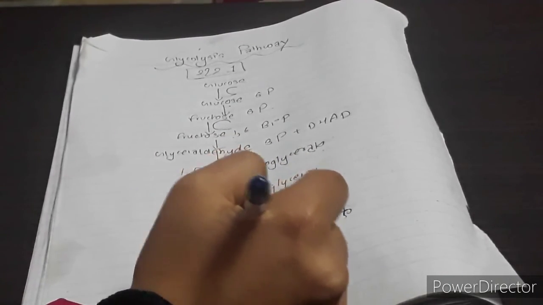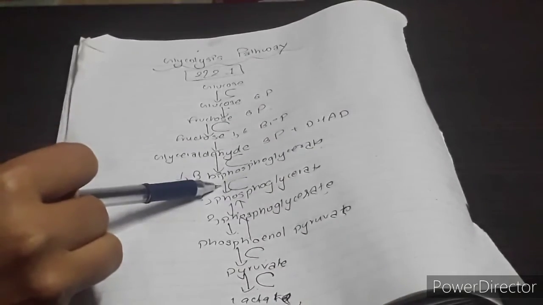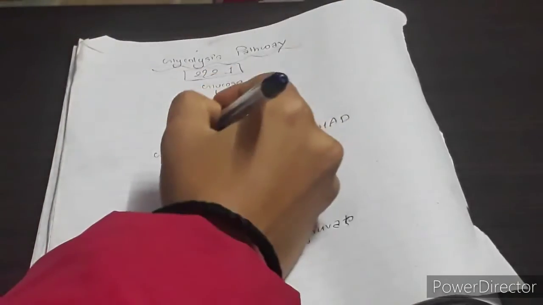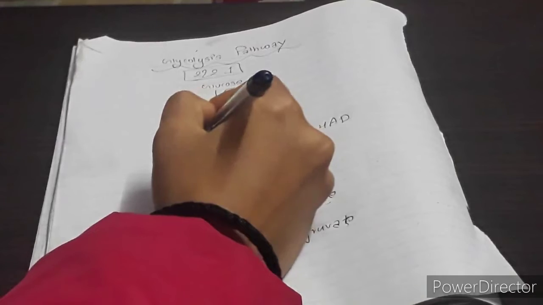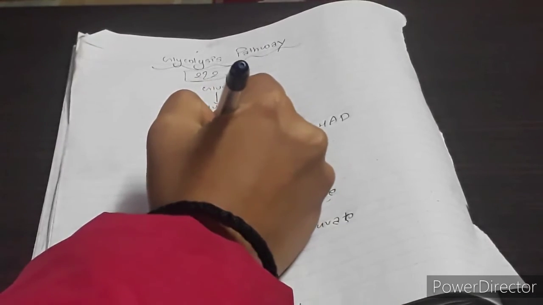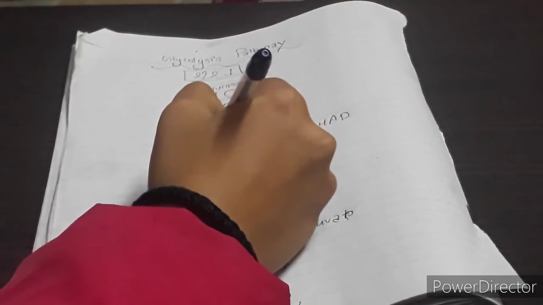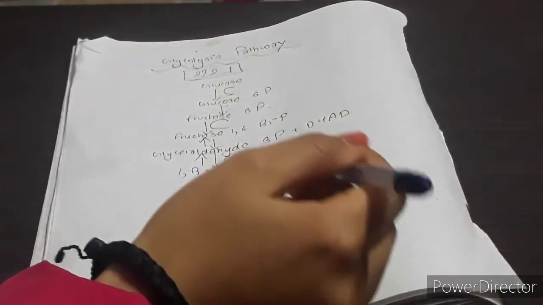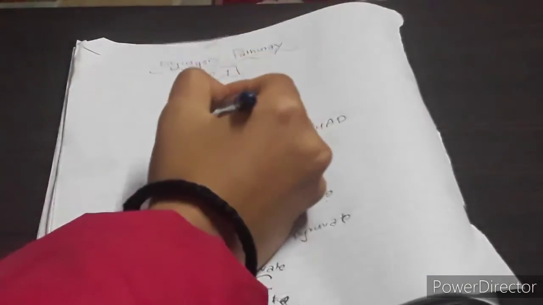Then leave one step, and again the next two reactions are reversible. Then leave this one step, and the next one is reversible. So first you understood 2, then leave the 2, then again 2, then 1 and 1.